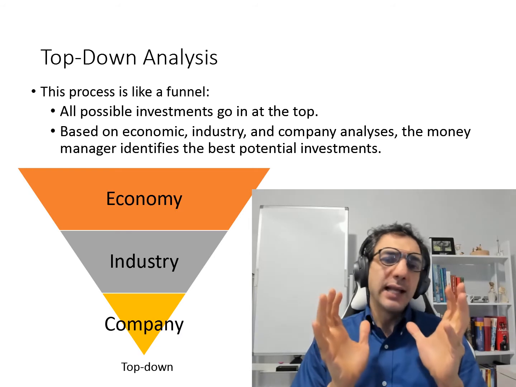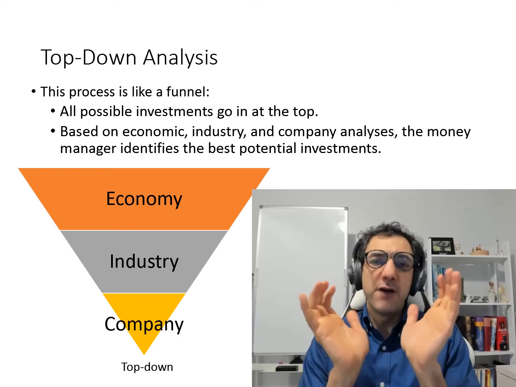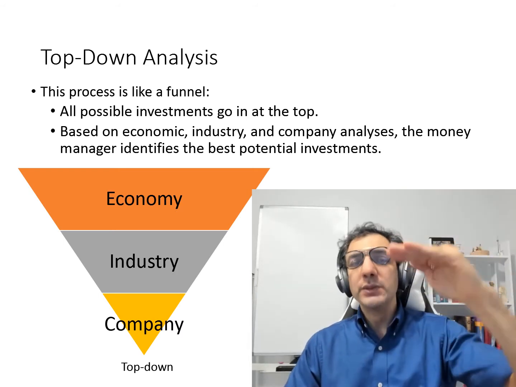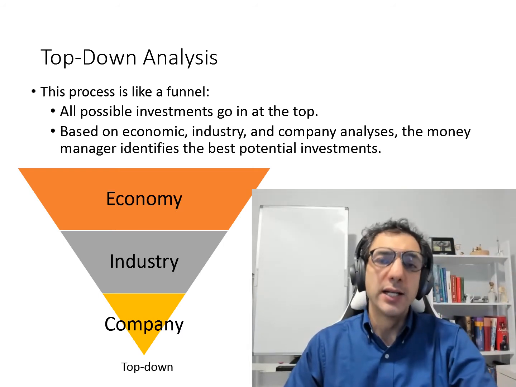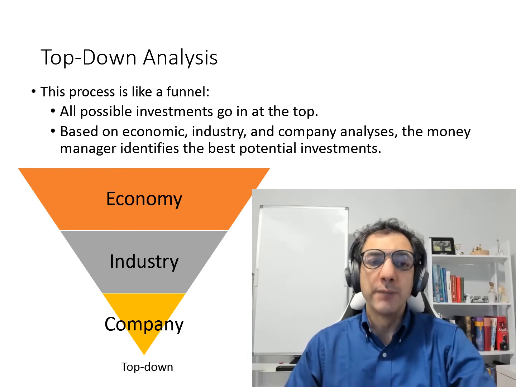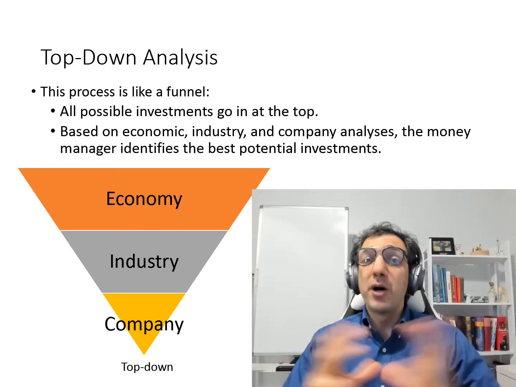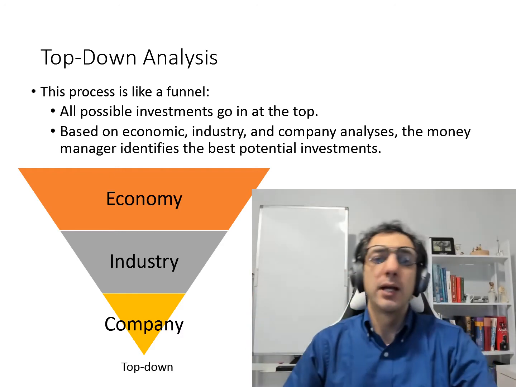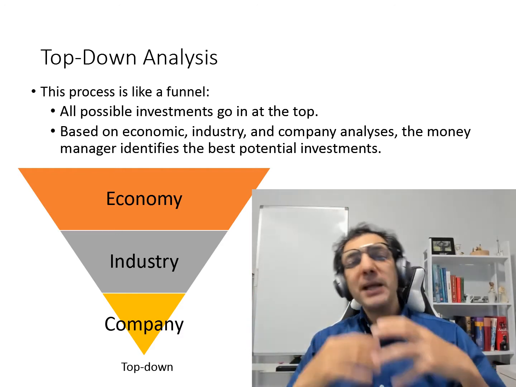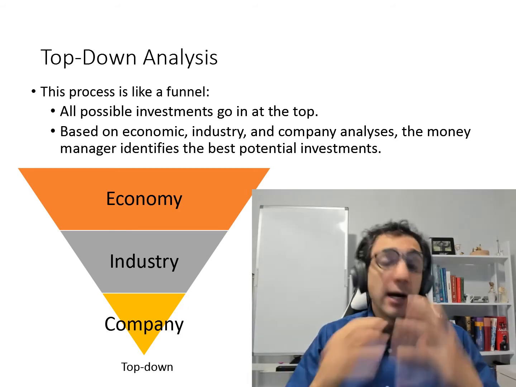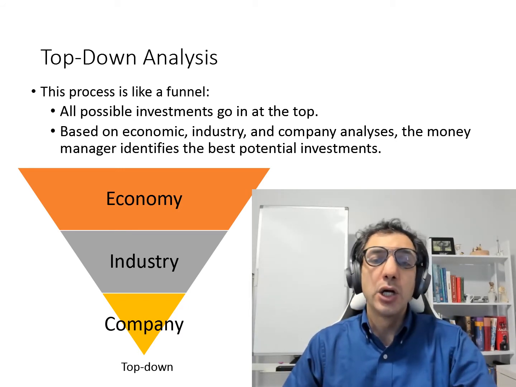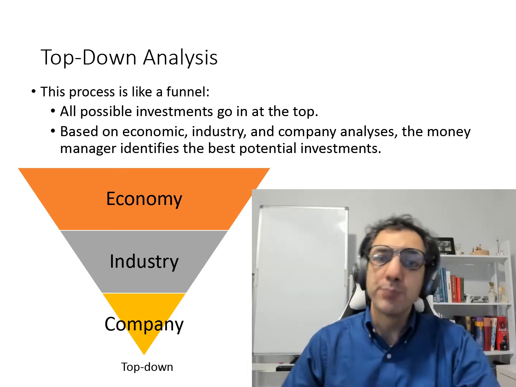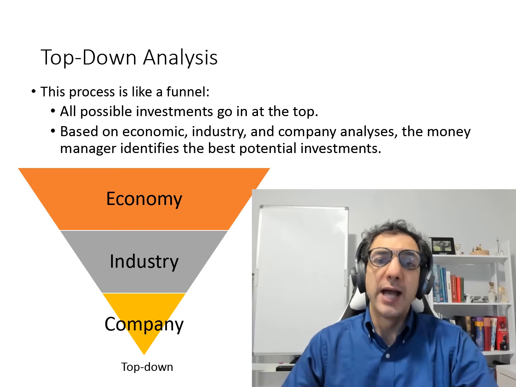So you can look at the top-down analysis as a kind of upside-down funnel. You start from the economy, and then you go to the industry, and finally go to a specific firm or company. So you start with all possible or feasible investments, which go at the top of the funnel, and then based on the economic, industry, and company analysis you conduct, you as an investor decide what the best potential type of investment you can follow is.